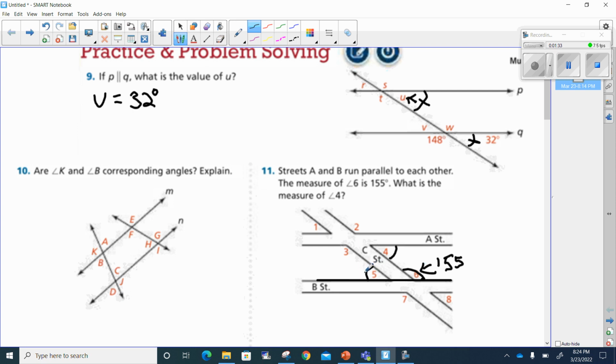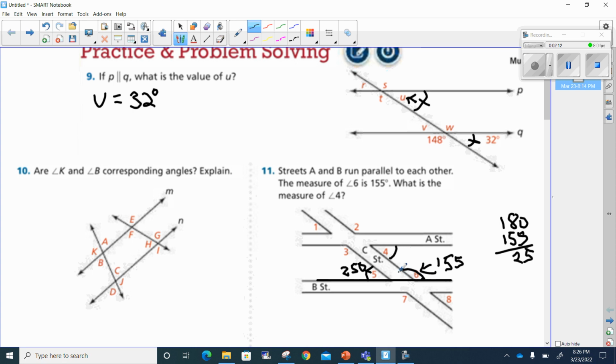And this angle then has to equal, when added to 155, must equal 180. We know that 180 minus 155 is 25. And that means this must be 25 degrees then.